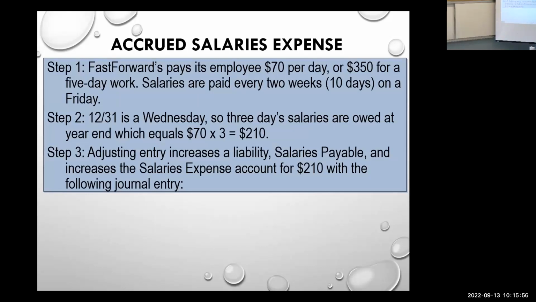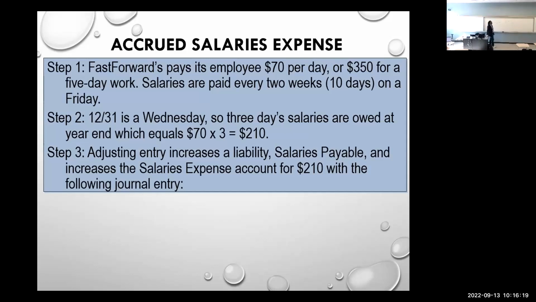Fast Forward pays its employees $70 per day, for $350 for a 5-day week. Salaries are paid every 2 weeks, 10 days, on a Friday.